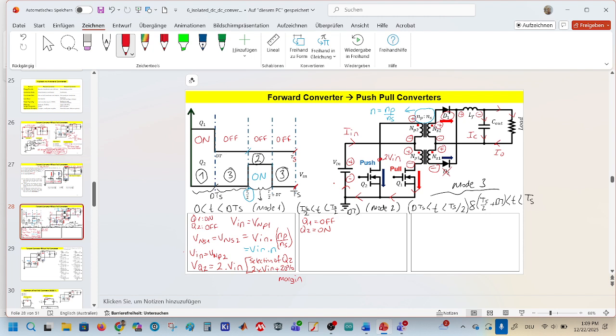And in this case, let's define the input current as I1. And the current, which is defined as I_E in 2, will flow through this winding like that.